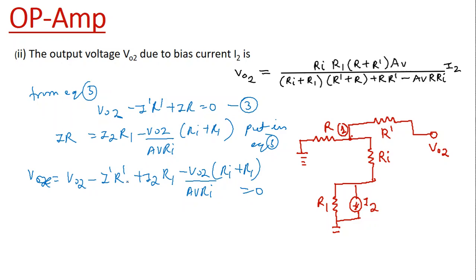Now from this equation we find out I dash R dash. So I dash R dash will be equal to, when we shift this I dash R dash to the right hand side, we get VO2 minus VO2 divided by AVRI into (RI plus R1) plus I2R1. This is the equation which we are getting.